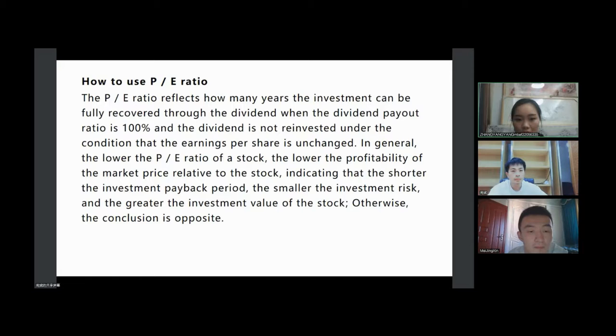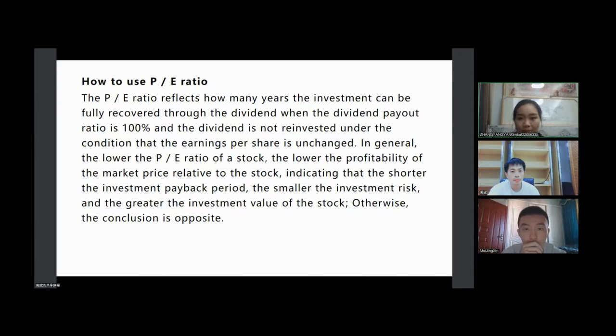In general, the lower the P/E ratio of a stock, the higher the profitability relative to the market price of the stock, indicating that the shorter the investment payback period, the smaller the investment risk, and the greater the investment value of the stock. Otherwise, the conclusion is opposite.